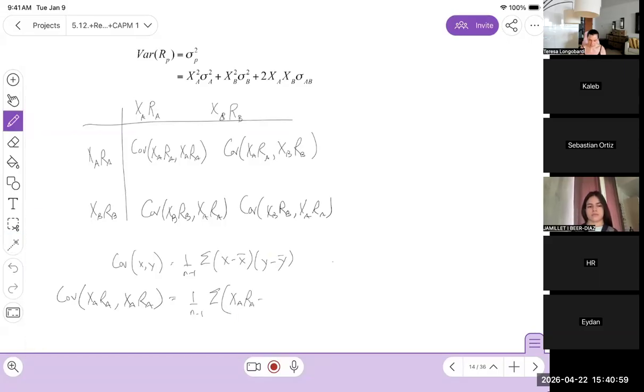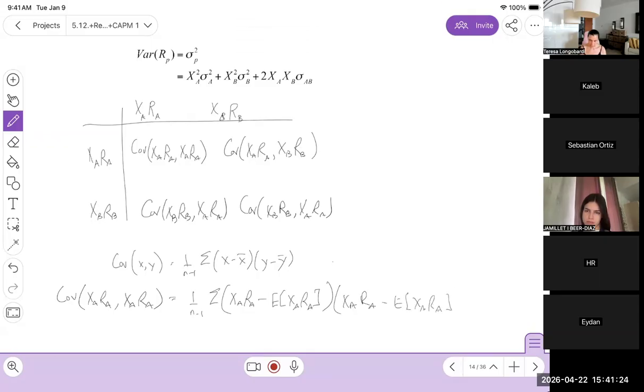RA minus XA RA, sorry, let's do that again. So you have to do the mean of XARA. And this one is XARA as well, minus the mean of XARA.